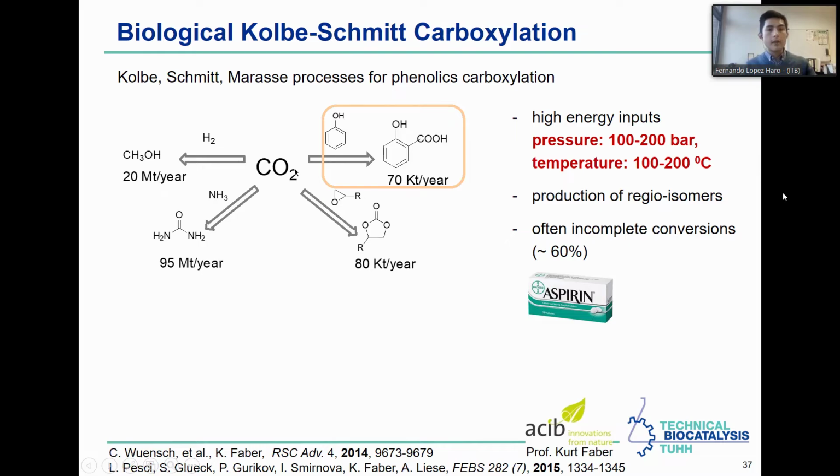And this can be done in multiple ways. You can start with carbon dioxide to produce alcohols, or you can combine it with ammonia to produce urea in this case, a very attractive process. You can combine it with cyclical oxygen rings to create this compound here, often called a platform chemical, very useful for multiple other industrial processes.